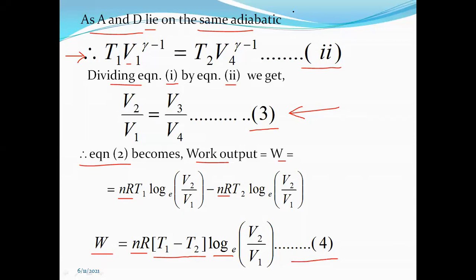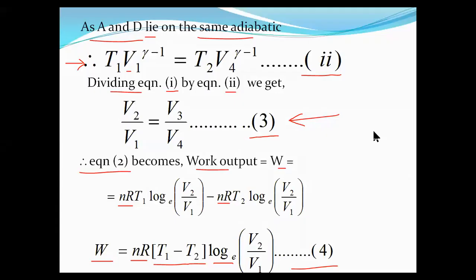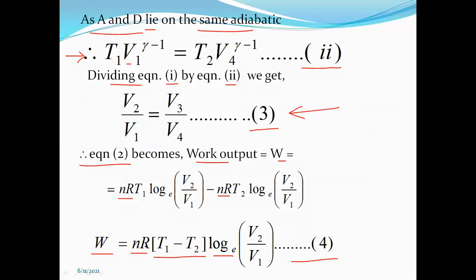Okay, please wait for a moment. So here W is equal to nR (T1 minus T2) log to the base e V2 upon V1. So we have arrived at equation number 4.